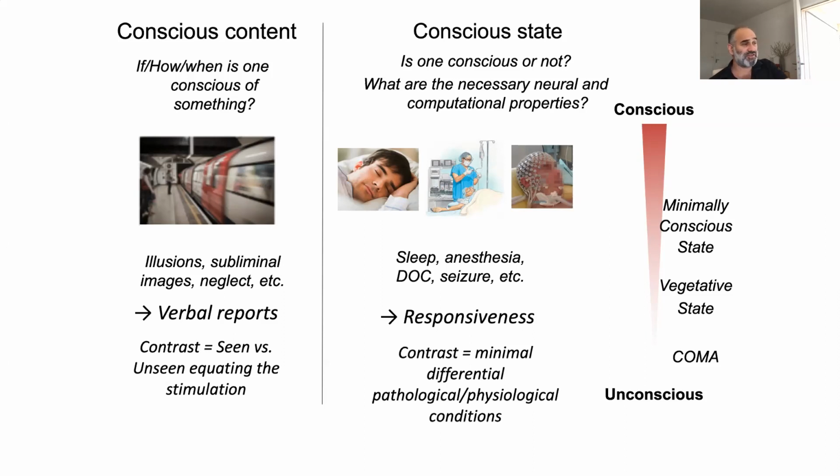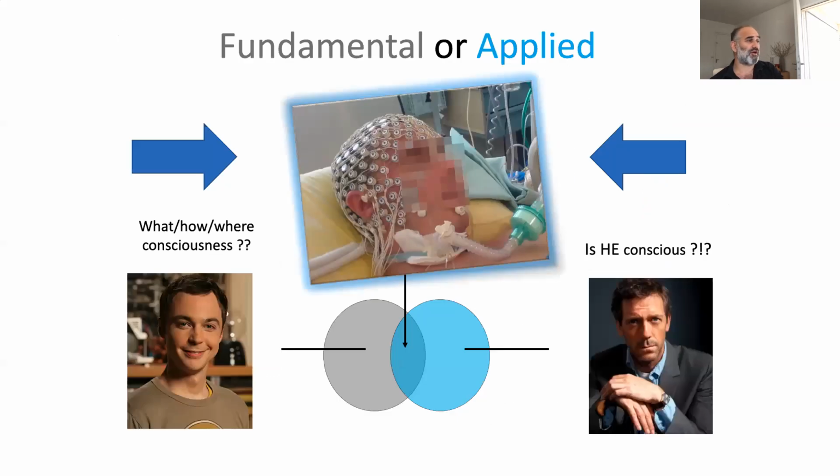When it comes to these patients, it's important to define a diagnosis, because differentiating between a minimally conscious state and a vegetative state changes everything in terms of ethical considerations, and the family and the doctors need to know whether the patient is conscious or not. So this becomes both a fundamental and an applied question. Fundamental because we can try to understand how consciousness works in the brain, and applied because doctors and families need to know whether the patient is conscious or not.